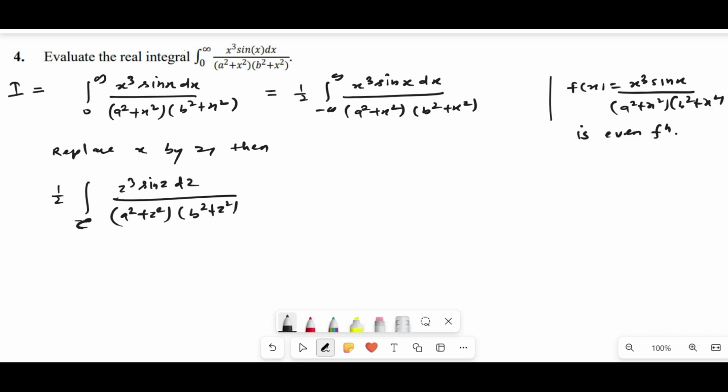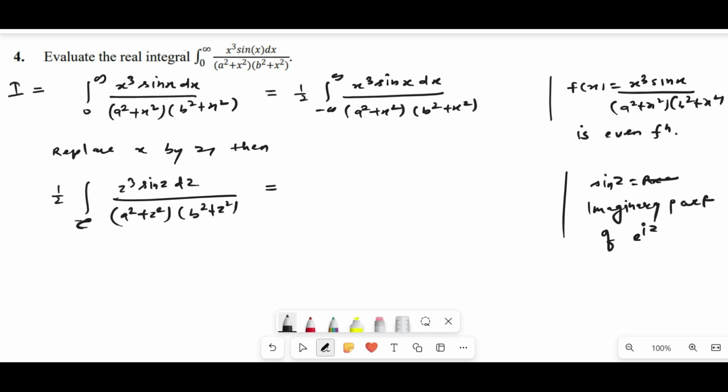Also we know that sin z is the imaginary part of e to the power of iz.